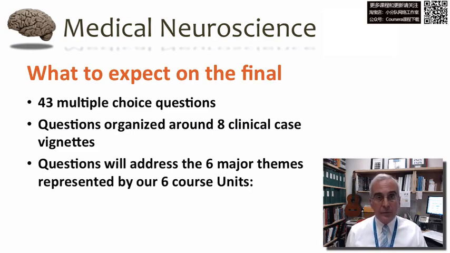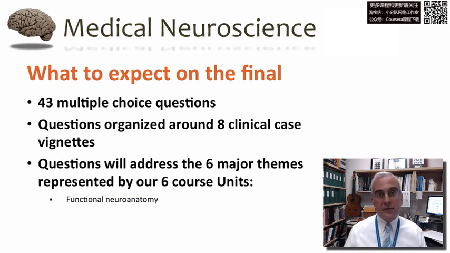And the questions that I present for you will be organized around our 6 major themes. These are the themes that are represented in the units of medical neuroscience. Of course, there will be functional neuroanatomy, but not at the same level of detail and emphasis that I asked you about in the neuroanatomy exam. My goal there was to probe more thoroughly your knowledge of functional human neuroanatomy.